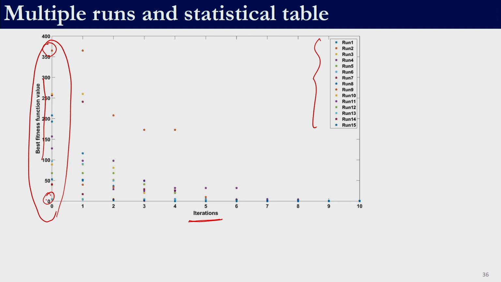For the run wherein the initial population was closer to the optima, the algorithm did not have to do much, whereas for this particular run the algorithm had to bring it down from some 350 plus all the way to 0, right.